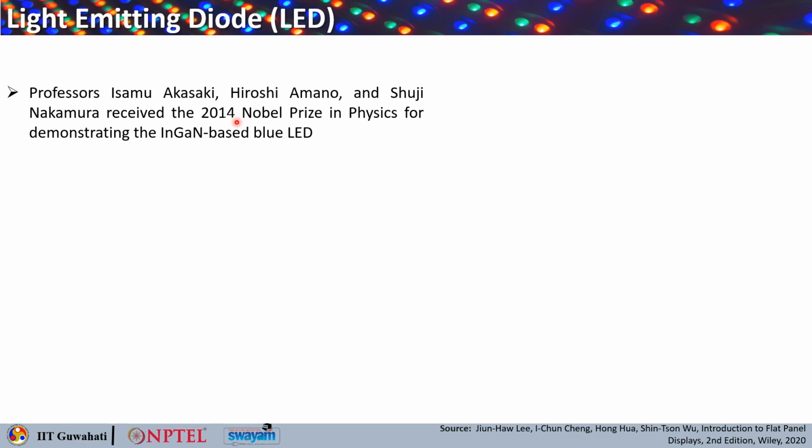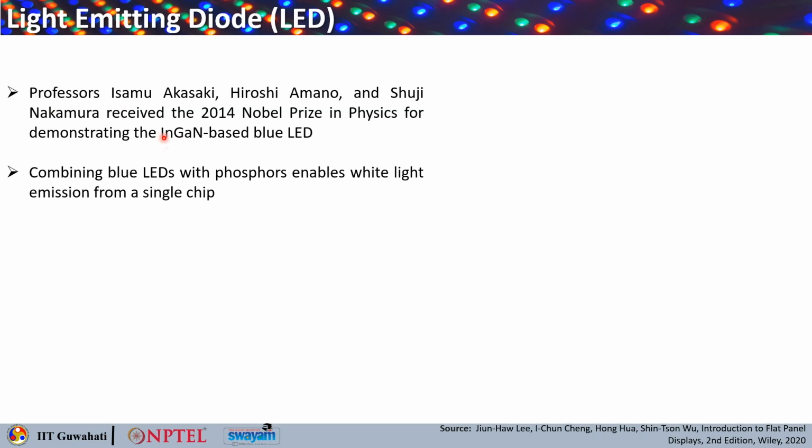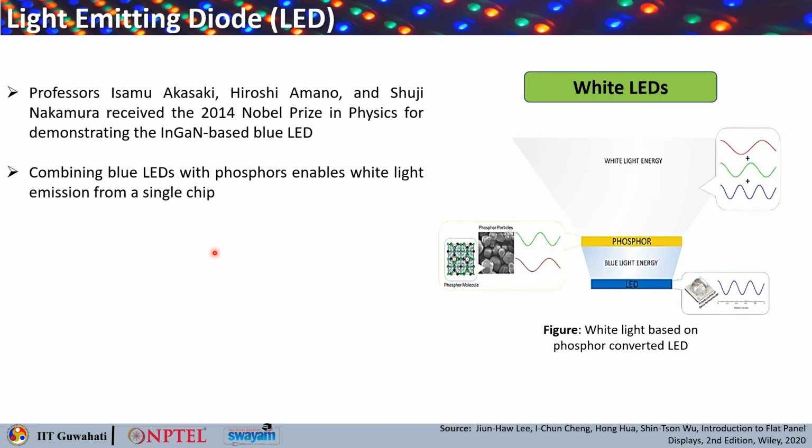The 2014 Nobel Prize in Physics was awarded to them for this marvelous discovery. Because the blue LED was now also available, when you combine the blue LED with phosphor, that can give you white light emission from a single chip.